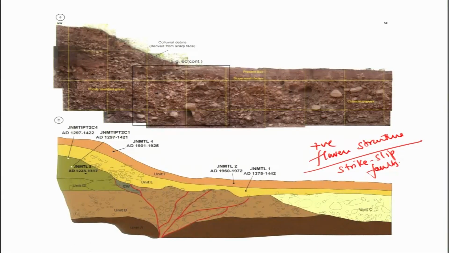Now what we do, in a very simple way, is try to identify or judge the events. So we see the cross-cutting relationship of the faults, and where the fault or the deformation is getting terminated, that will be our capping unit. So for example, if you have to date this event, that is the faulting which displaces this gravel but was finally capped, there was no deformation on top of this, so this layer was not disturbed.